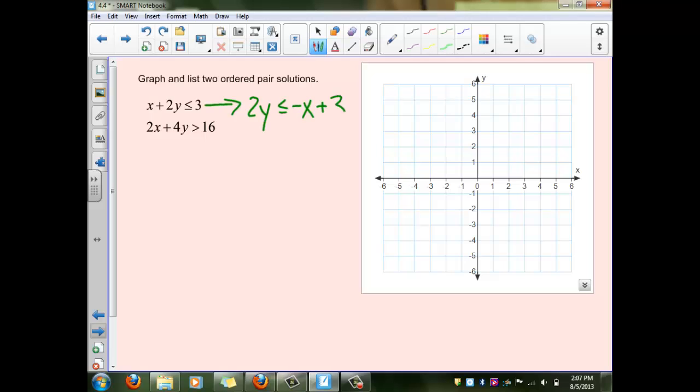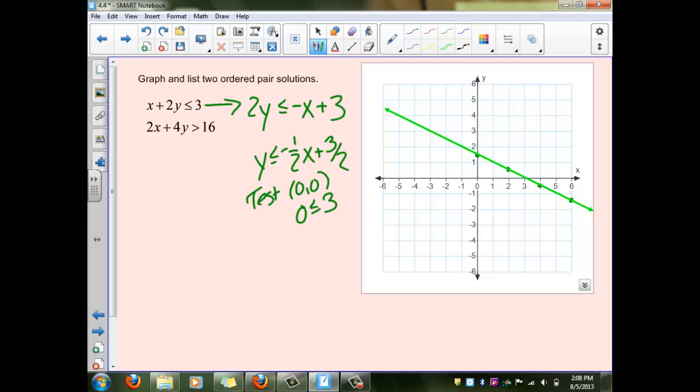Solving for y. Keep in mind 3/2 is 1 1/2. Solid line. Notice if we tested 0, 0, we would have 0 less than or equal to 3. So this side.